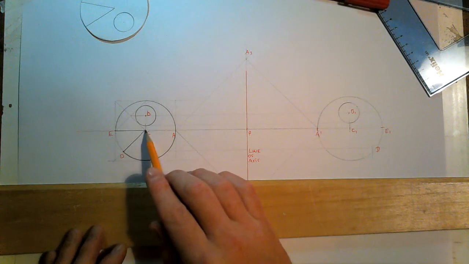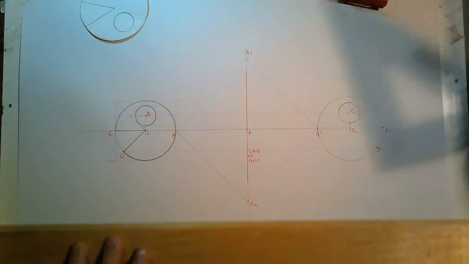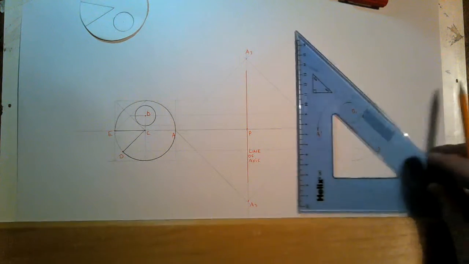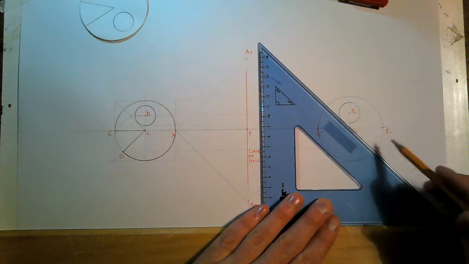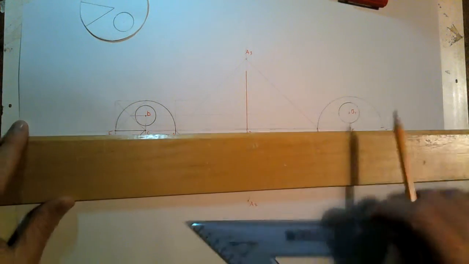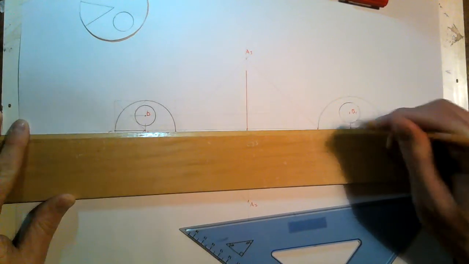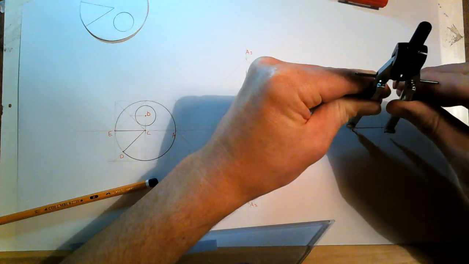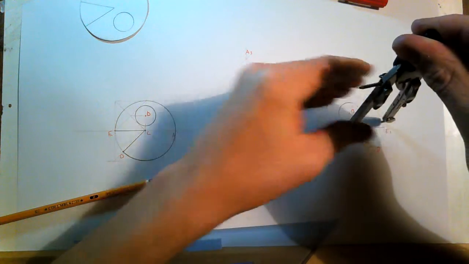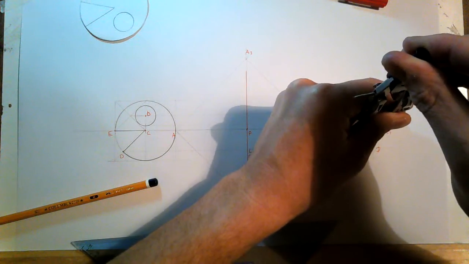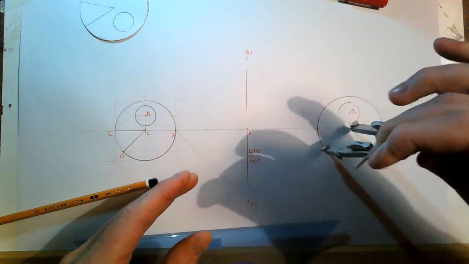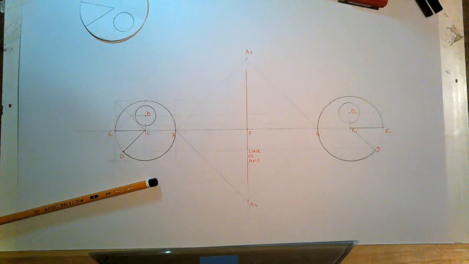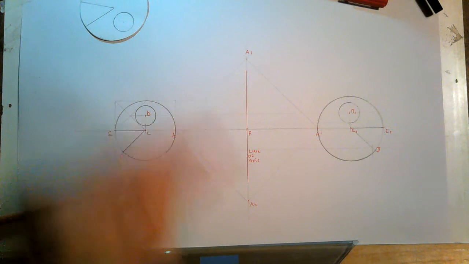So if we look here then for the mouth, we went from C to E and C to D. So if we do that here, there's our logo in axial symmetry.